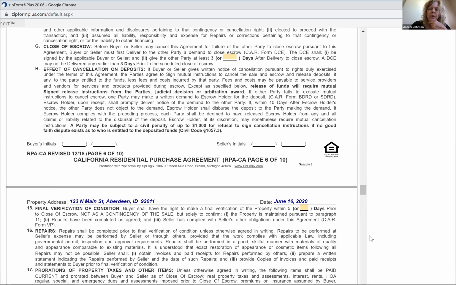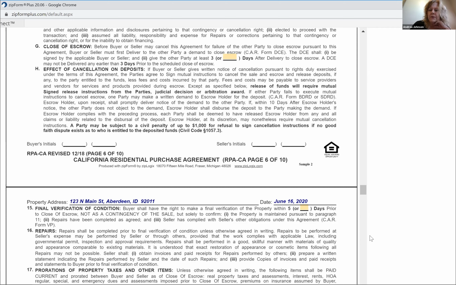Release of the funds will require mutual signed release instructions from the parties. If that is not forthcoming, then it could be a judicial decision or arbitration award that is required to get the disposition of the deposit determined. If either party fails to execute mutual instructions to cancel escrow, one party may make a written demand to the escrow holder for the deposit.